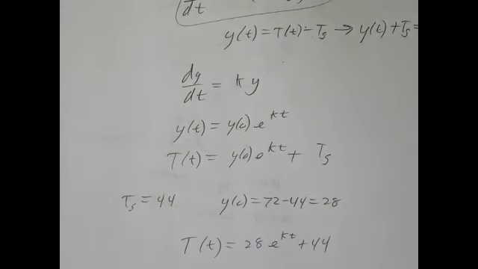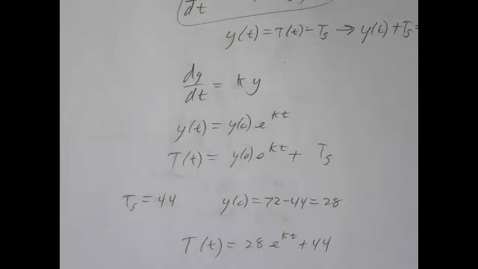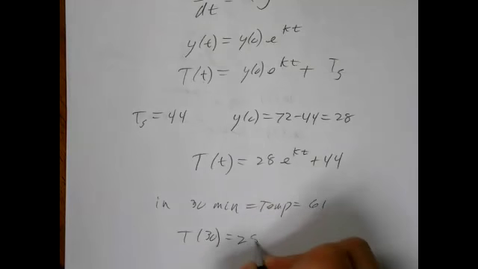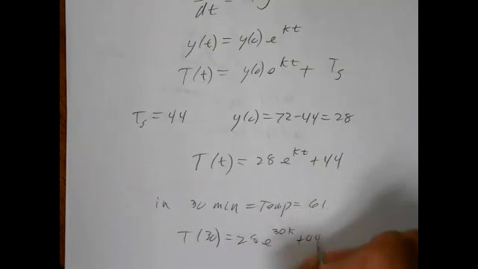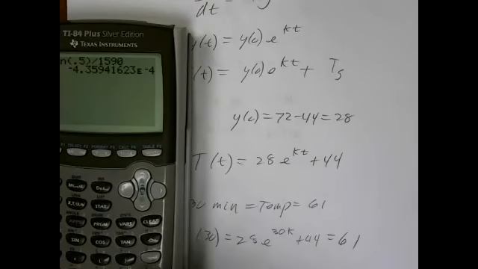So if they were to tell me that the temperature half an hour later is 61 degrees, so in 30 minutes, temperature is equal to 61 degrees, what I can do is go back to my function and say, well, okay, temperature at time 30 is equal to 28 e to the 30k plus 44, and that's 61. I can move the 44 to the other side by subtracting.